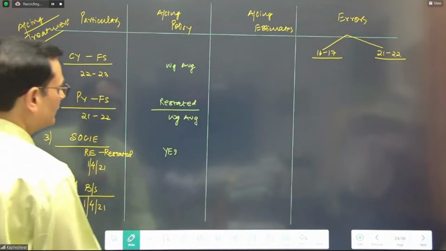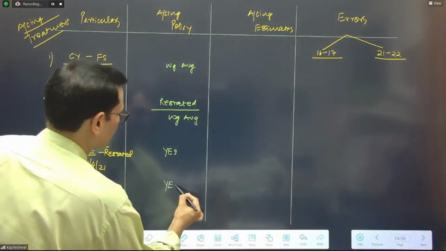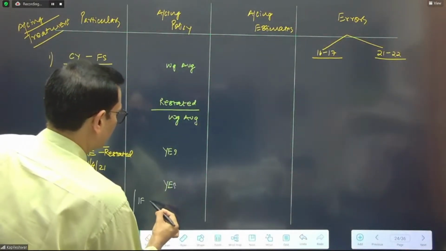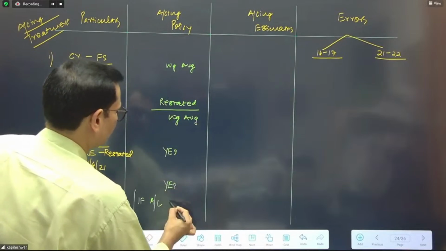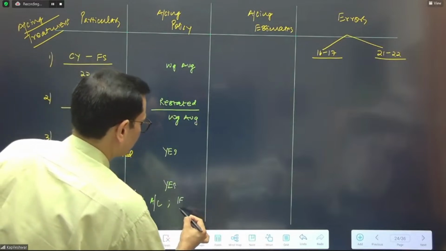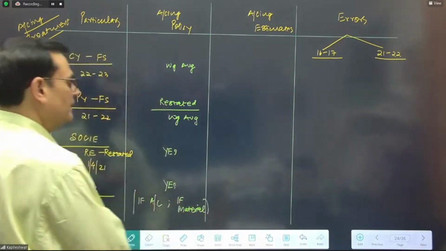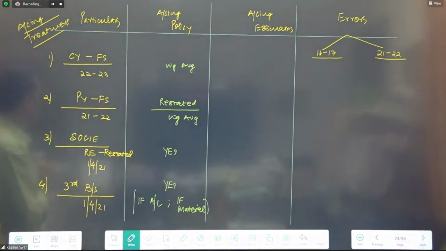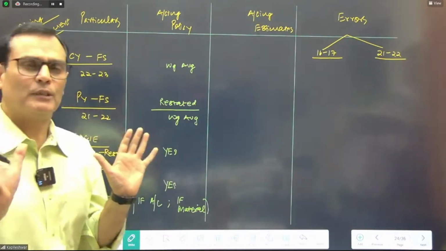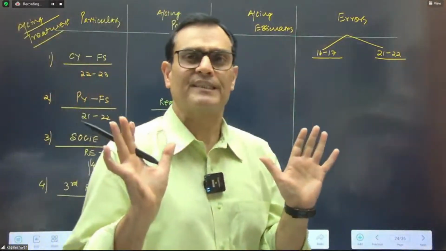A third balance sheet to be prepared, yes. If asset and liability is affected and it is material in nature, I'm going to make a third balance sheet. This is exactly what we decided when we took the example earlier.